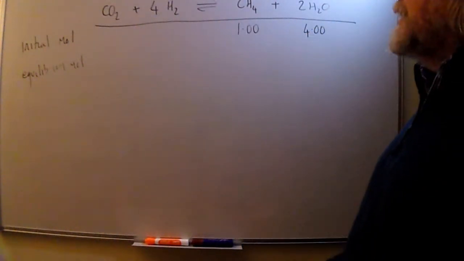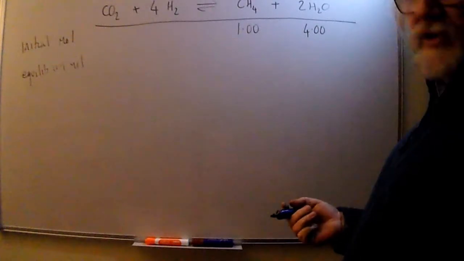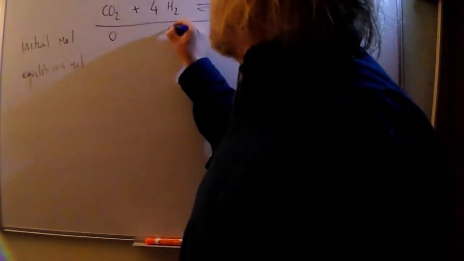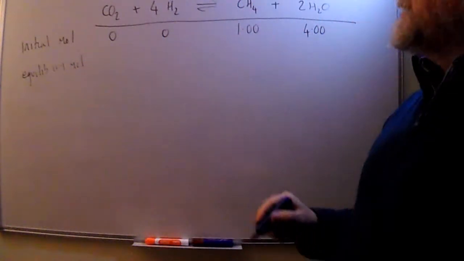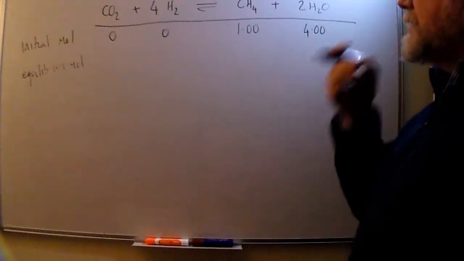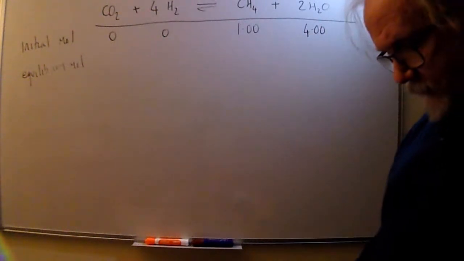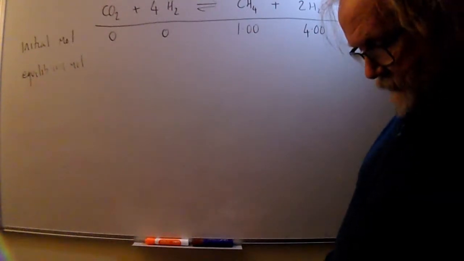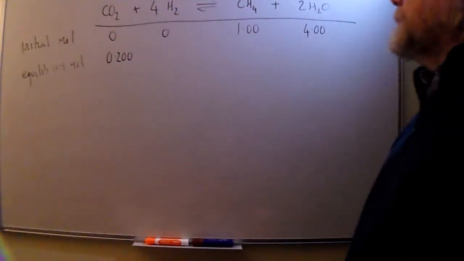It doesn't say anything about having CO2 and hydrogen, and that's because there isn't any, so we can put zeros in there. Okay, so that's what we had at the beginning. 0 each of those, 1 and 4 of those. Now at equilibrium, it tells us that we have 0.2 moles of CO2. So we've got 0.2 moles there.